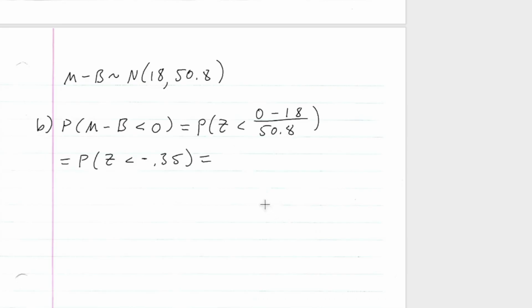So the probability that the cholesterol level of men is going to be less than the cholesterol level of boys is about 36%, right? 0.3632, which is the same thing as 36.32%.